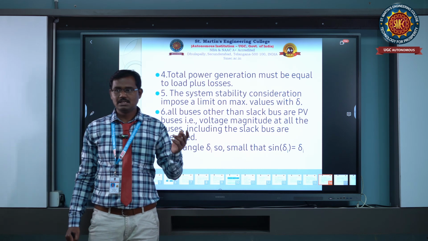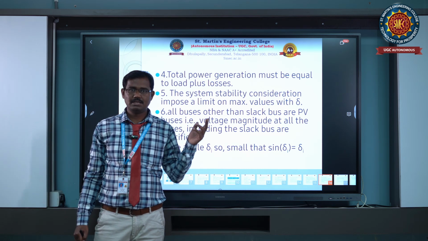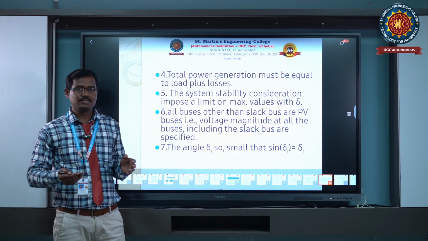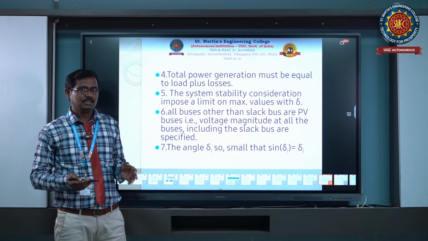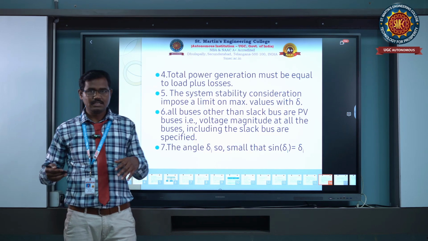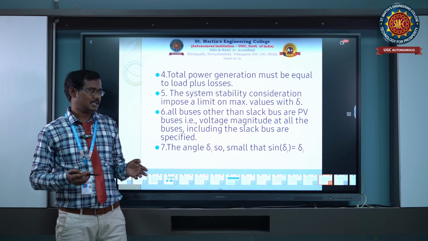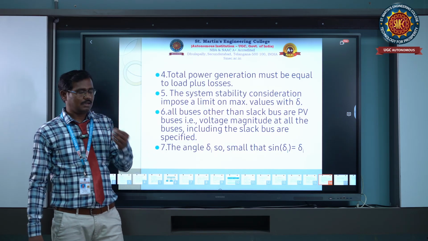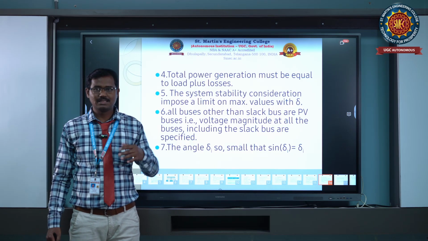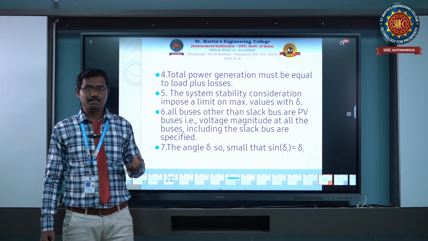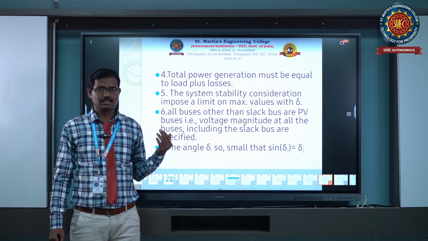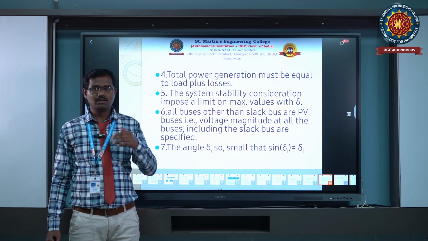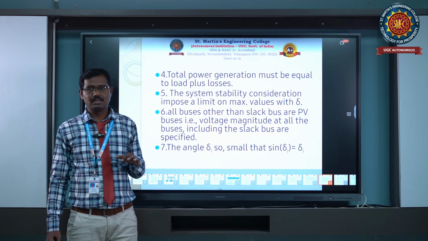And the fifth one is the stability consideration. The stability of your system is taken within the maximum values of delta. And the sixth point of the approximation is that all the buses other than slack buses or PV buses are considered, including the slack buses, which we can also specify.